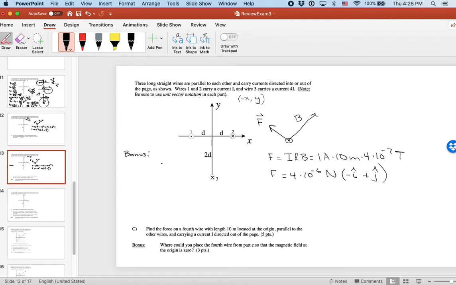If I have a B field this way, I'm going to want to create a B field this way. So this one's going to be my new B field created by this wire, and I want them to cancel out.